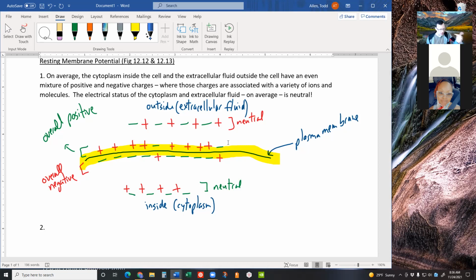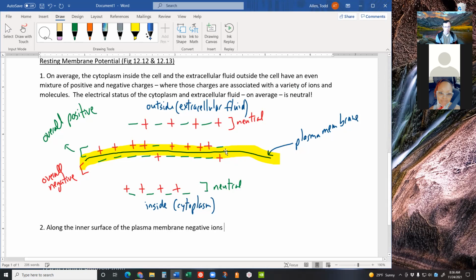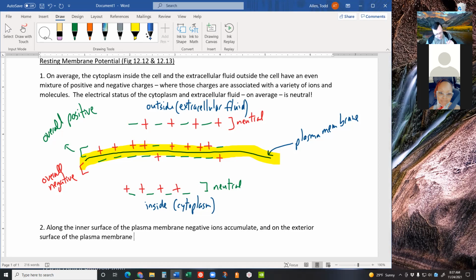Okay, along the inner surface of the plasma membrane, negative ions tend to accumulate. And on the exterior surface of the plasma membrane, positive ions tend to accumulate.